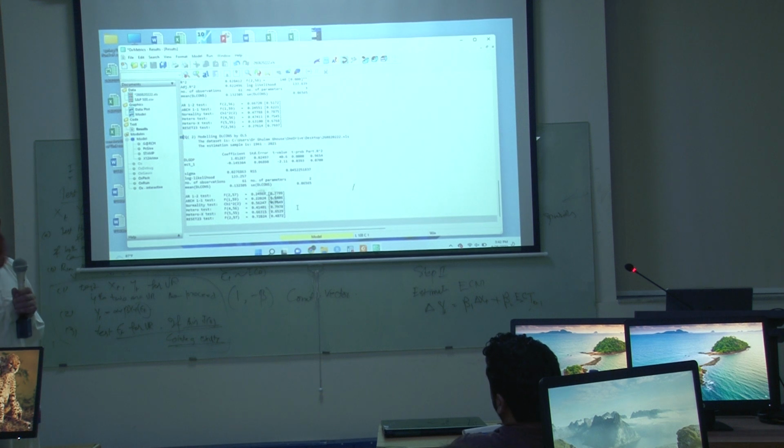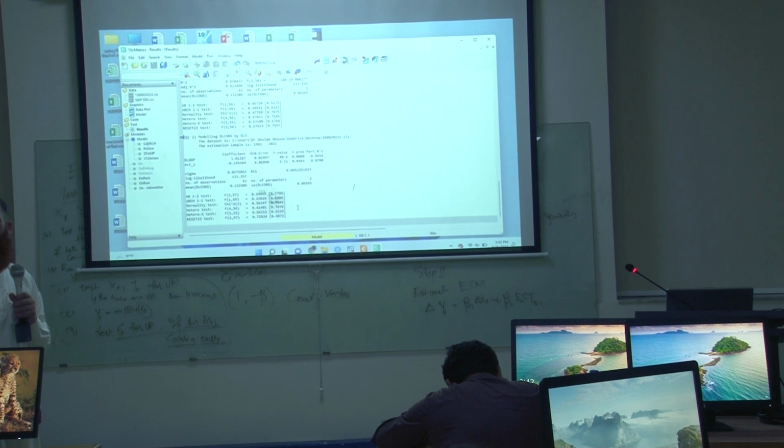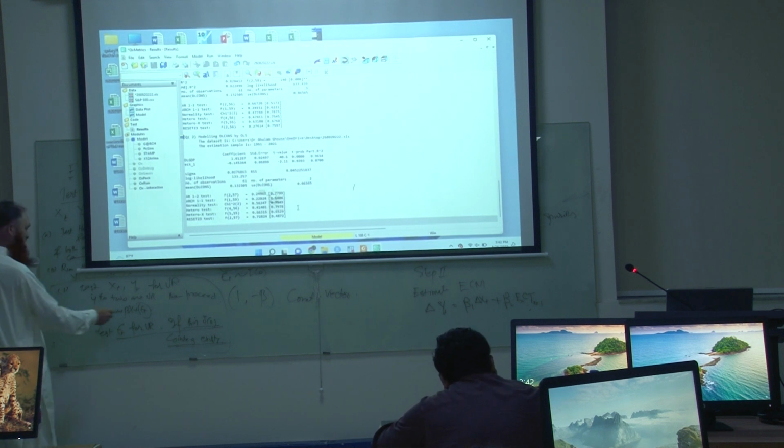But you might have listened that the error correction model contains both long run and short run parameters. So where are the long run parameters? The long run parameters are built in the term ECT. What is ECT? From where is ECT coming? ECT is coming from this equation, the epsilon.